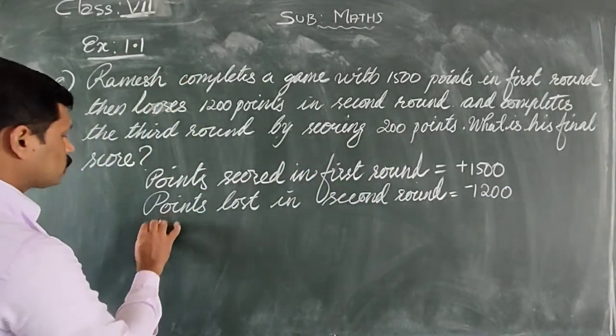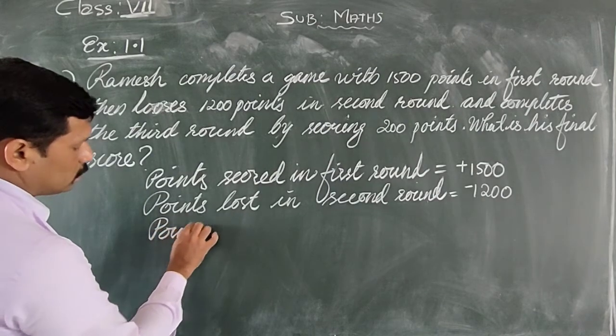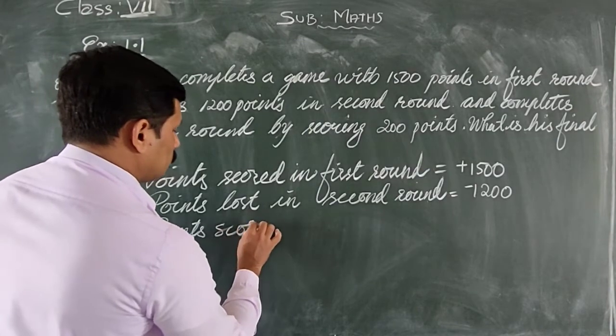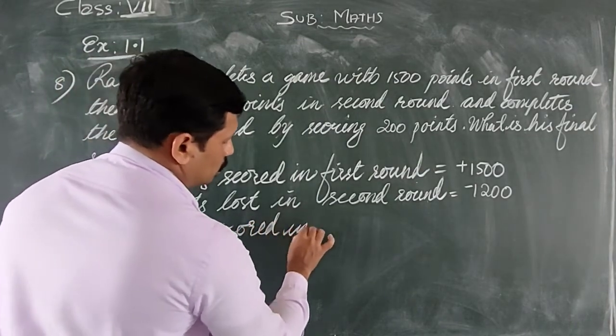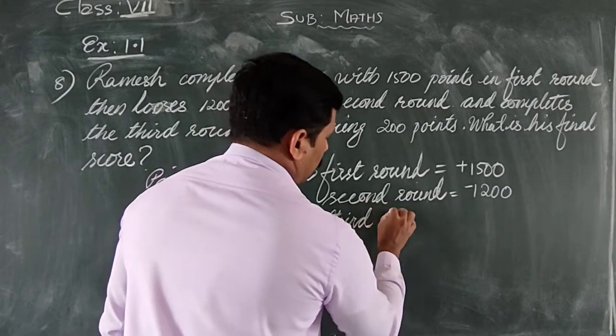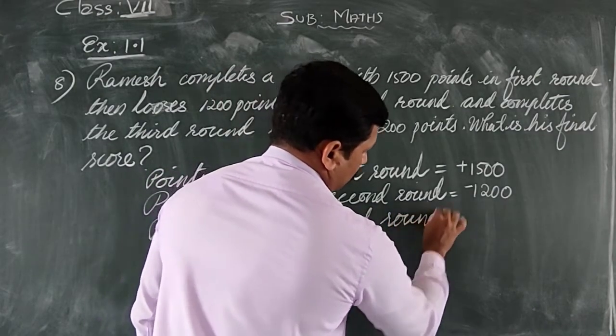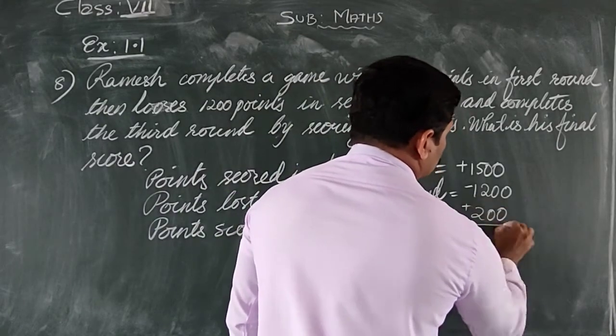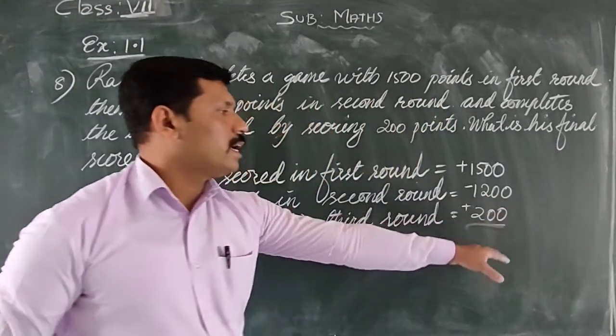Then points scored in the third round: 200 points, that is taken as positive because he scored 200 points in the third round.